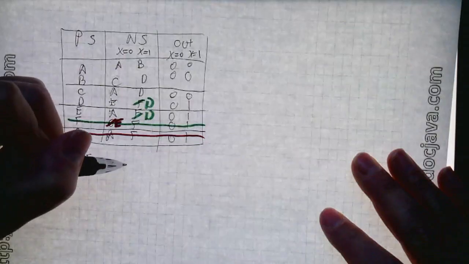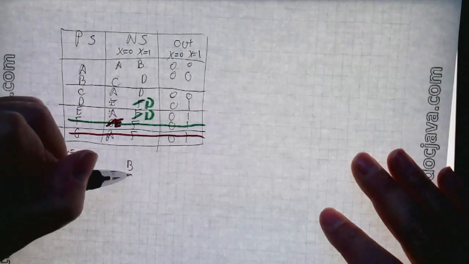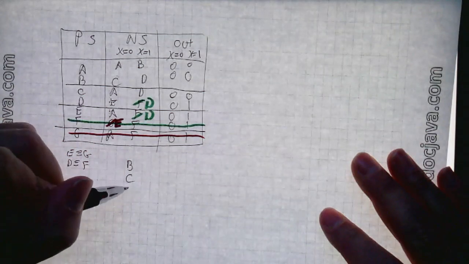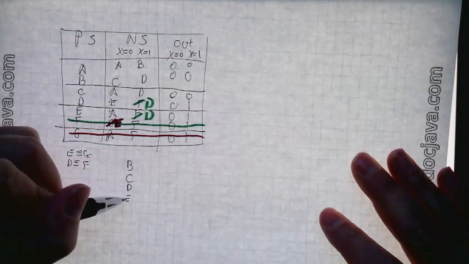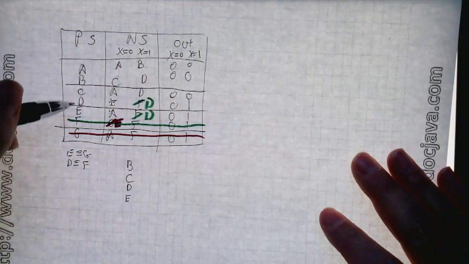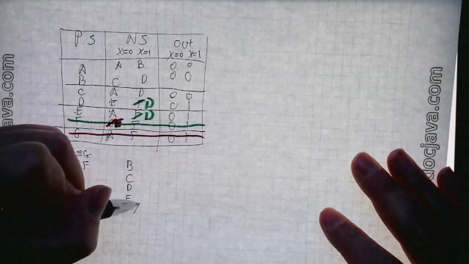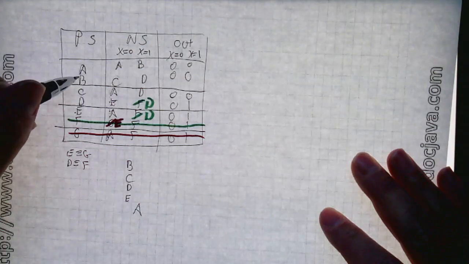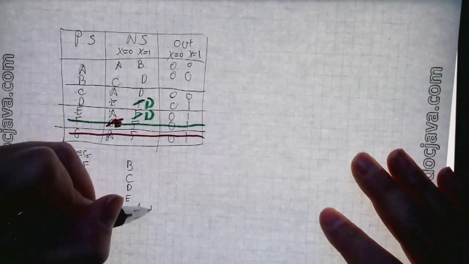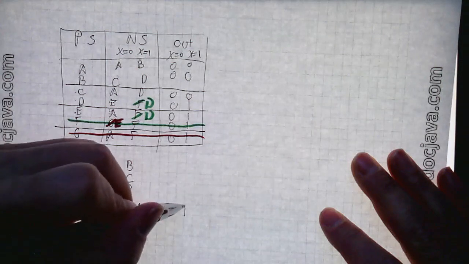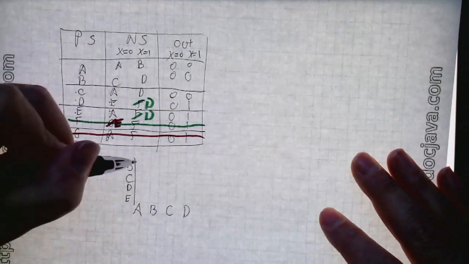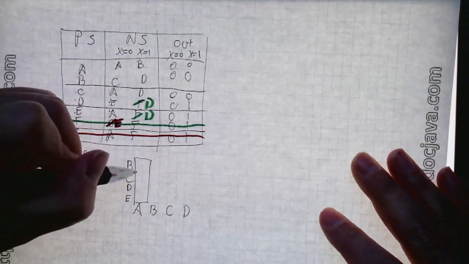So now I've got B, C, D, and E on one side. I only go up to E. Now I'm going to start with A and go B, C, D. And now I'll do my lower triangular matrix.